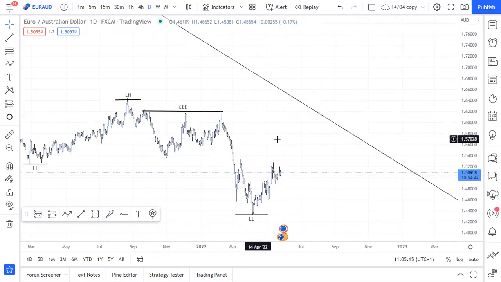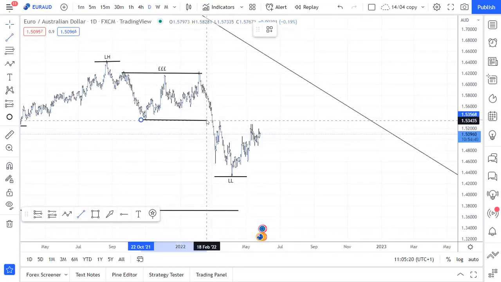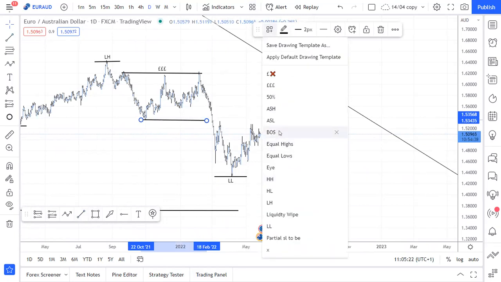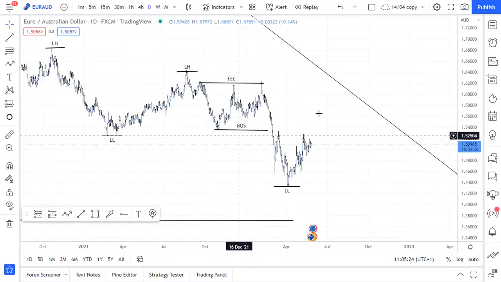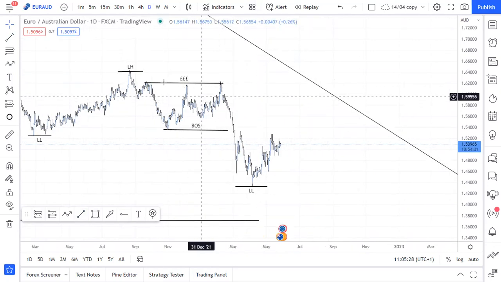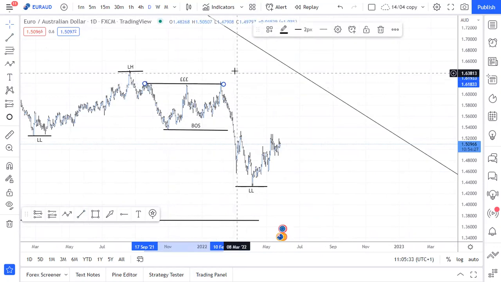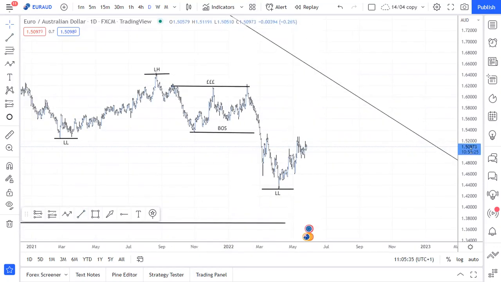So what we could look at is we broke the structure to the downside. Where was that push from? That push was from this level or maybe even this level, but we have got some equal highs here. So I would be looking for maybe a liquidity grab from above here.